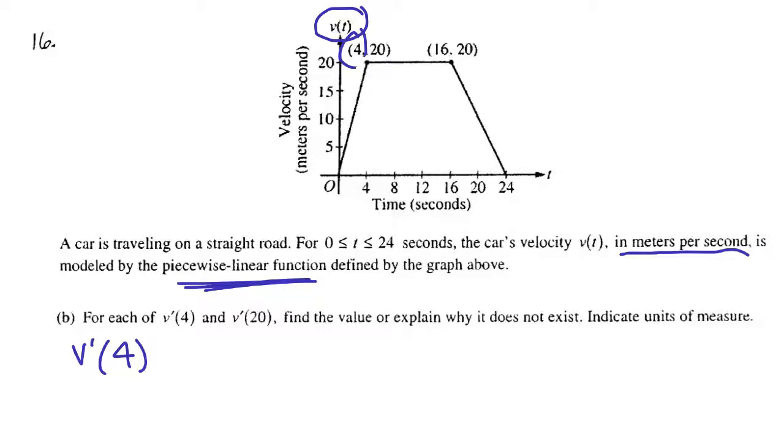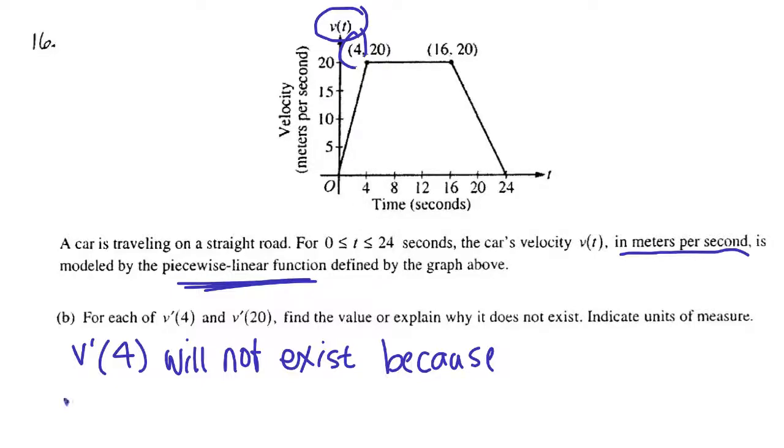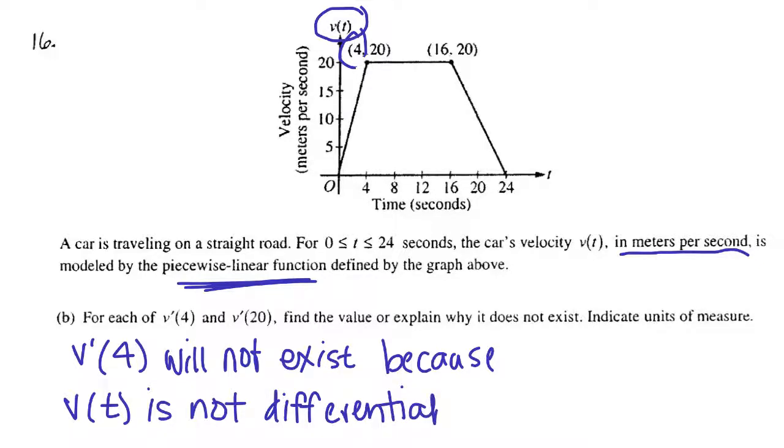So v prime at 4 will not exist, because v of t is not differentiable at t equals 4. We have that sharp point there, so we're not going to have a value.